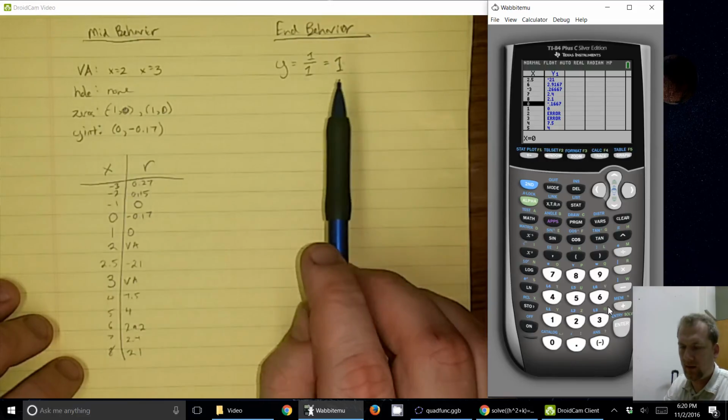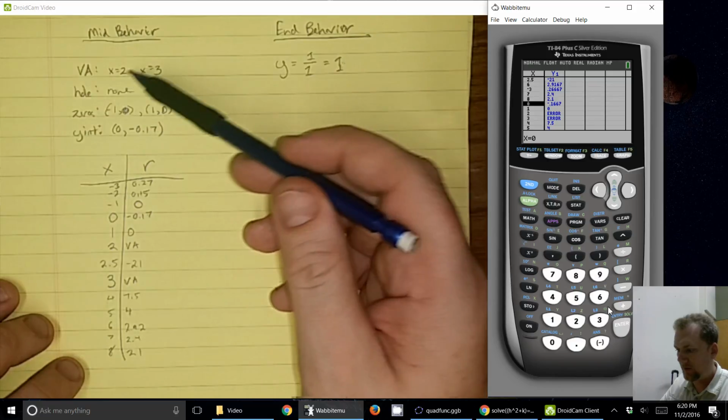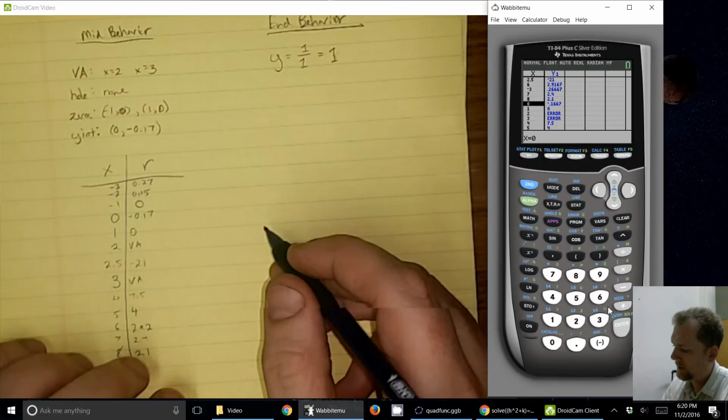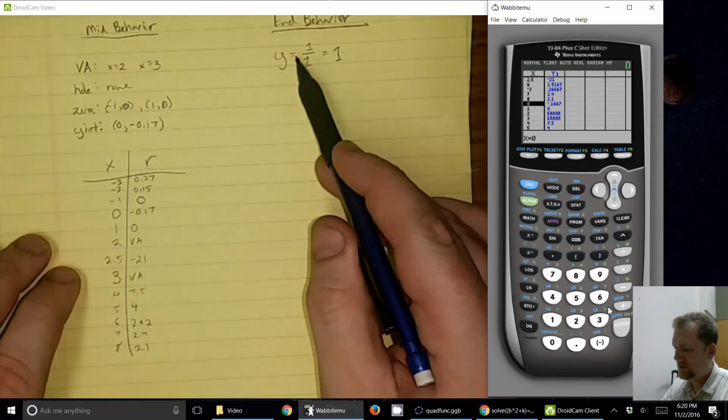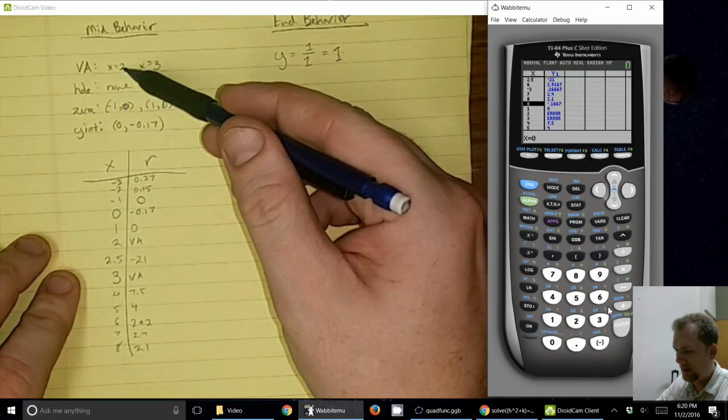Now, to set up our window, we need to be able to center it. We want to see our end behavior line kind of right in the middle. We also want to see our vertical asymptotes in the middle horizontally. Right? We want to see both of those right in the middle, and we want to see our horizontal asymptote in the middle. So I need to center vertically at 1 and horizontally at 2 and 3.